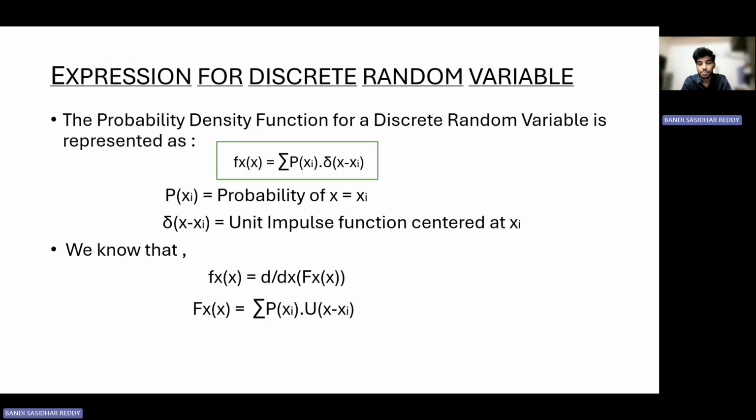As we discussed, fX of x equals the derivative of capital FX of x, the probability distribution function. It is defined for a discrete random variable as capital FX of x equals the summation of p of xi into u of x minus xi, where u of x minus xi is the unit step function centered at xi.